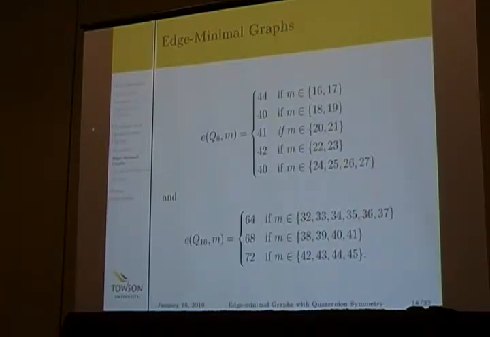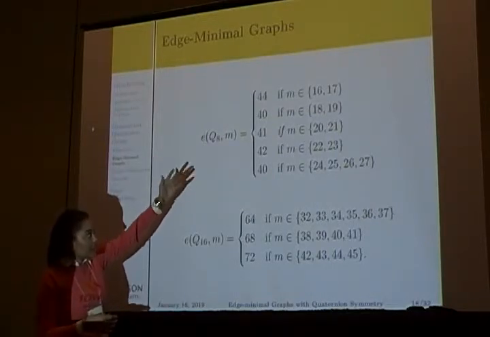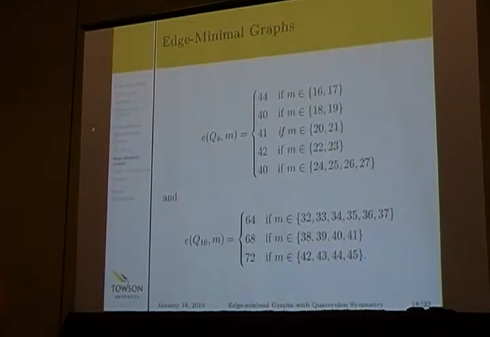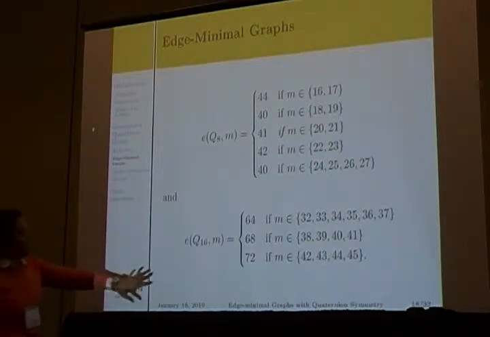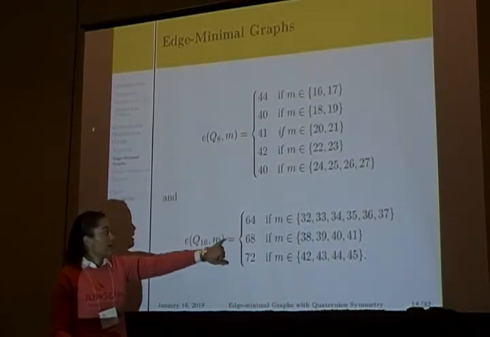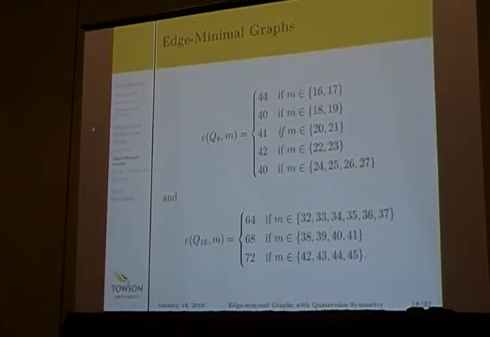And I've included some small values of Q8 because it's the only group for which the edge minimal problem is solved that has this property where it's decreasing and then increasing and decreasing again. All of the other ones are increasing. So yeah, there's that. It's the special case. All of the other Quaternion groups follow a pattern like this where this invariant looks like an increasing function.